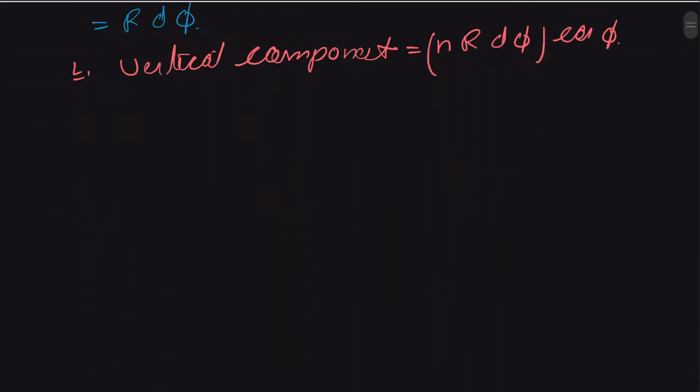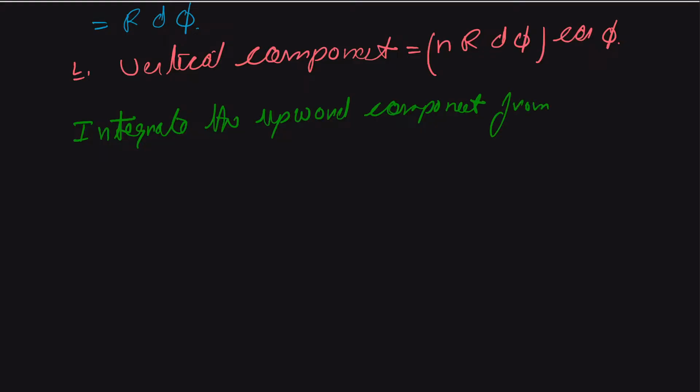Therefore we can write that we integrate the upward component over phi, from minus pi by 2 to plus pi by 2.